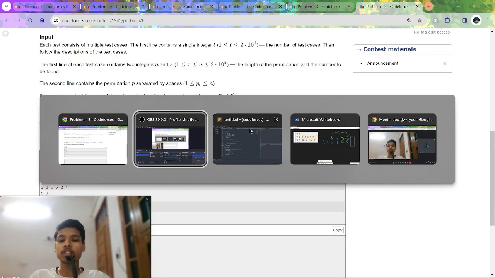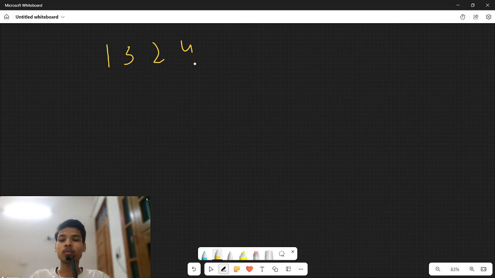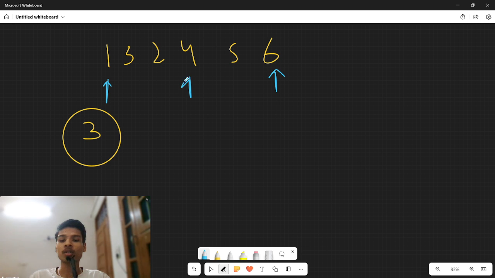For example, I'm taking a random array like 1, 3, 2, 4, 5, and 6, and I'm searching for 3. My first index would be at the start, and my last would be at the end. The mid would come at this position, 4. Is my 4 greater than 3?